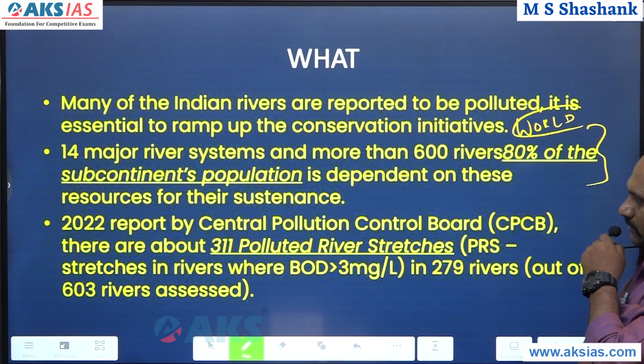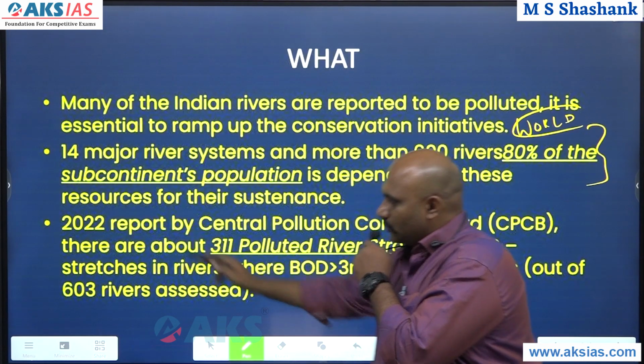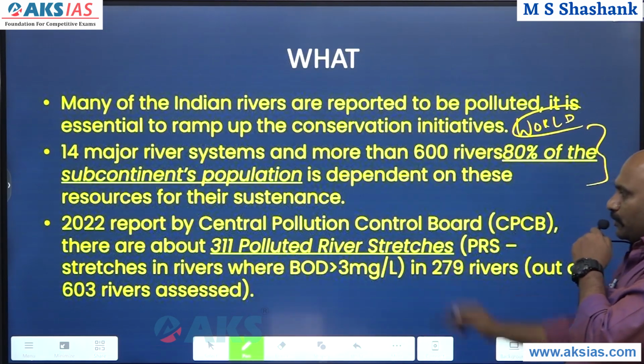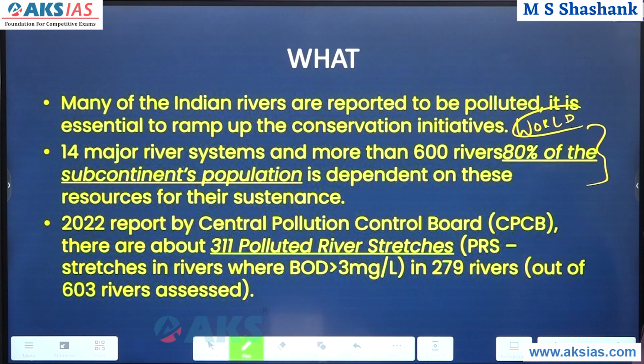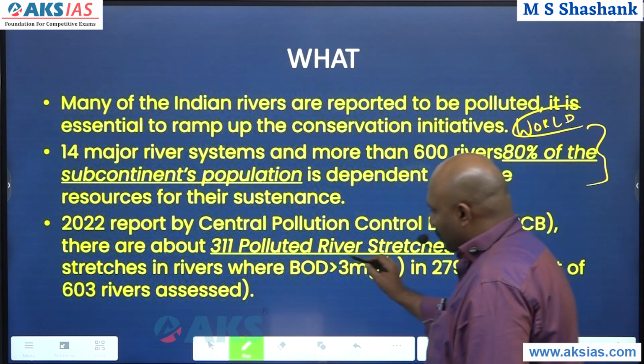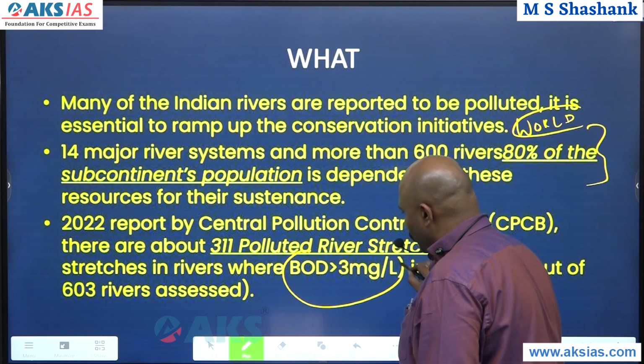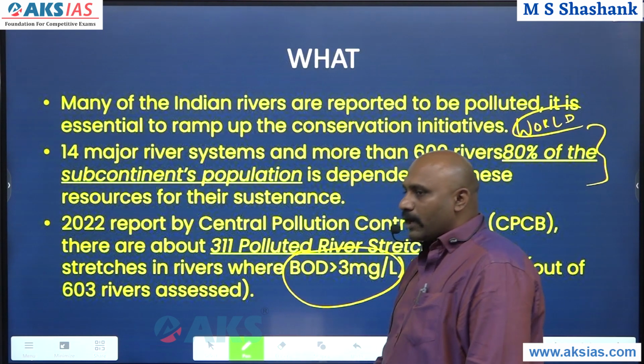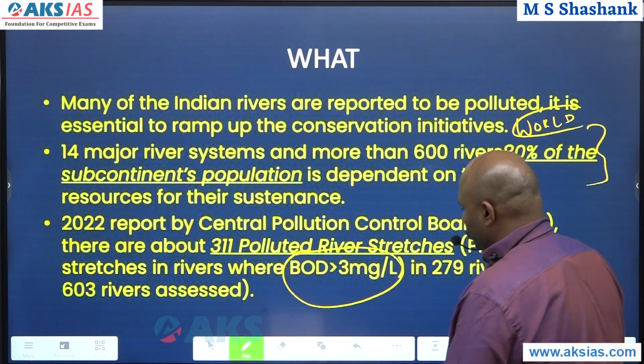and this 2022 report by the Central Pollution Control Board, CPCB, says 311 polluted river stretches are there, PRS, and here comes the major part, the BOD, biochemical oxygen demand.